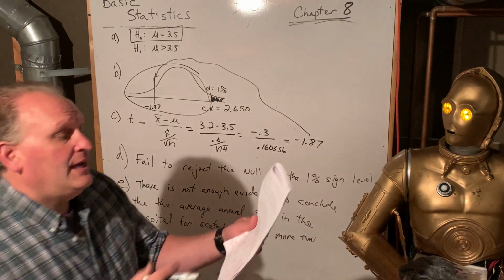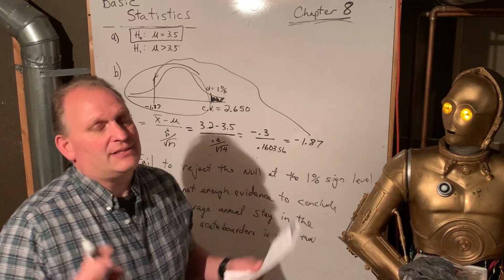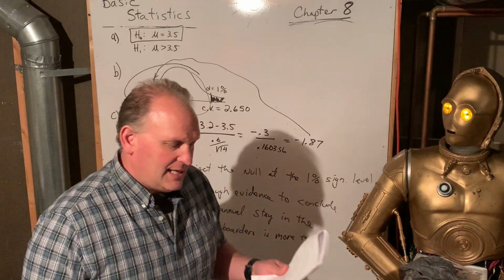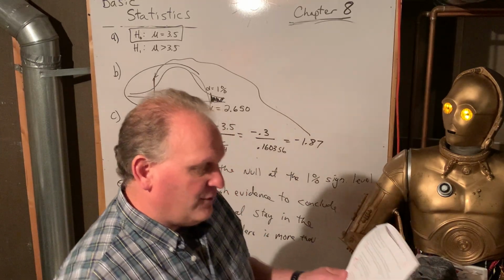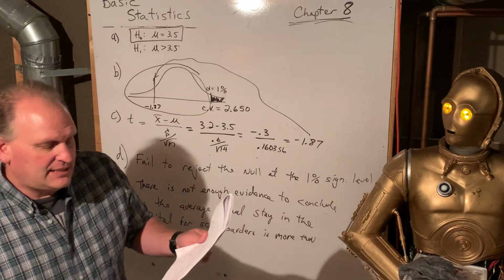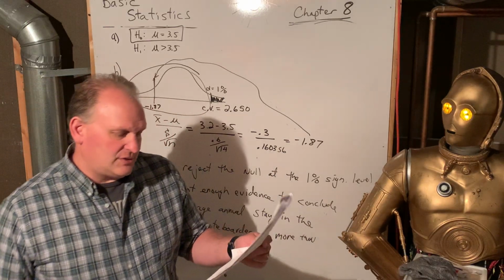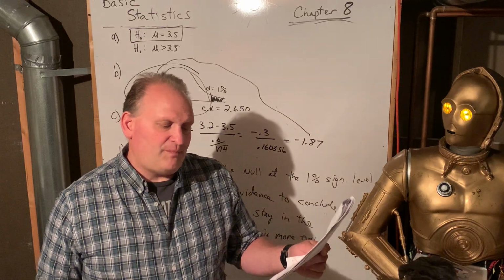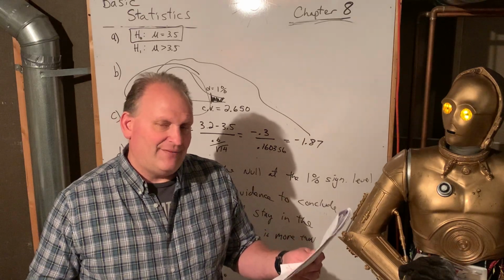Okay, so again, it says find the p-value for this test. You do not have to do that. That is optional. If you have a TI 83 or 84 graphing calculator, you can key in the keystrokes it tells you to put in. If you do that, the p-value would come up to be 0.9579.